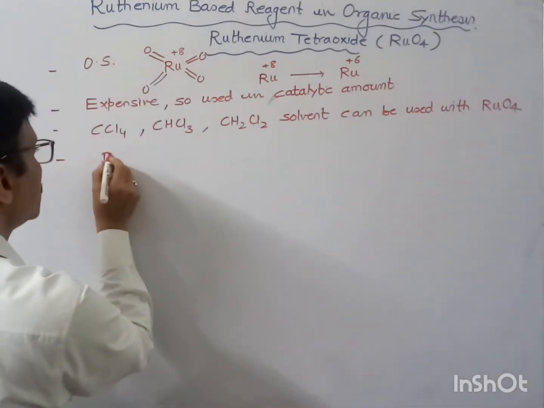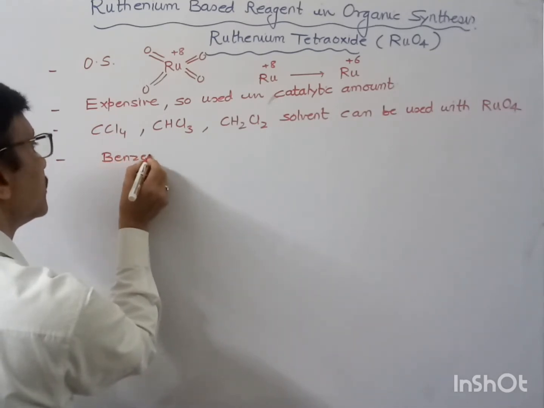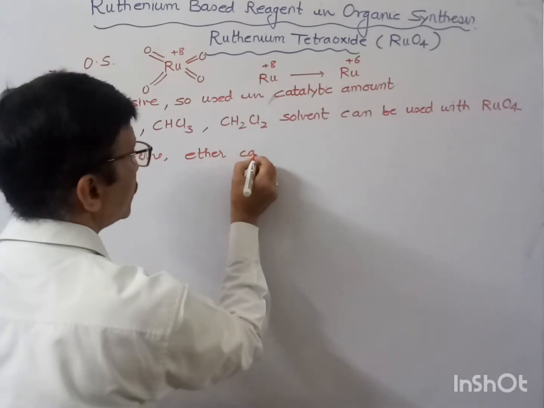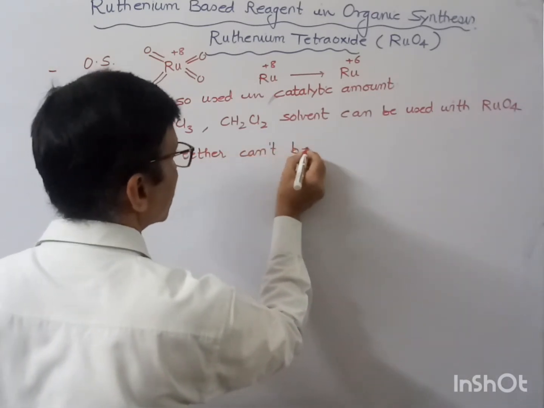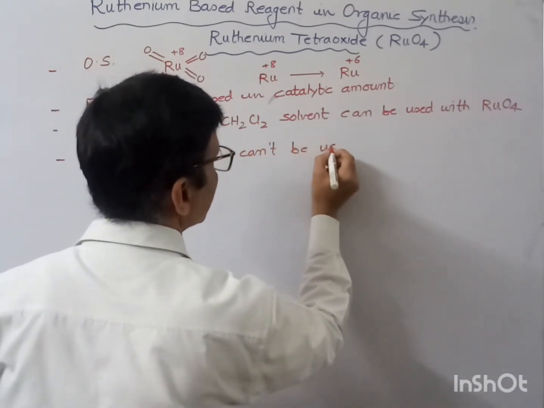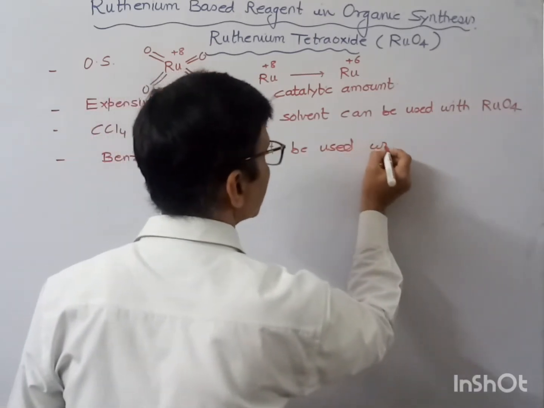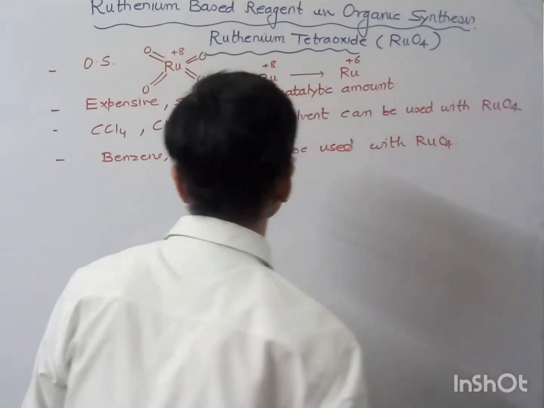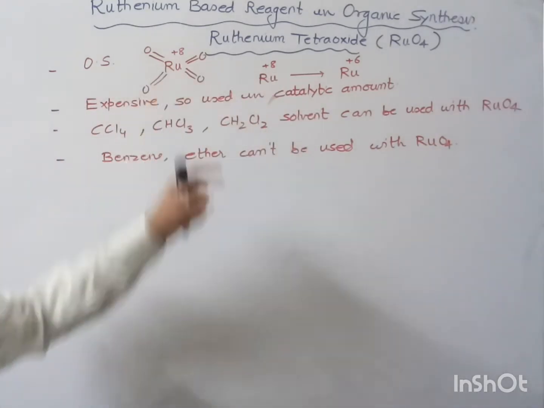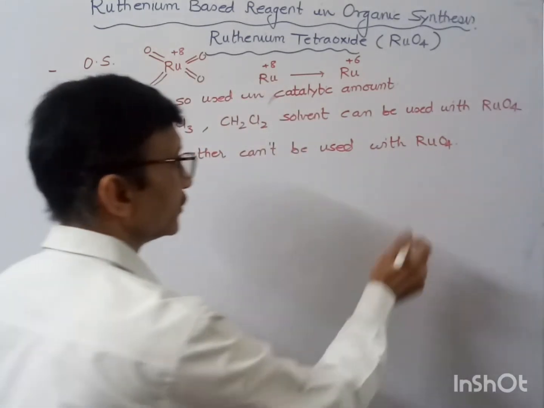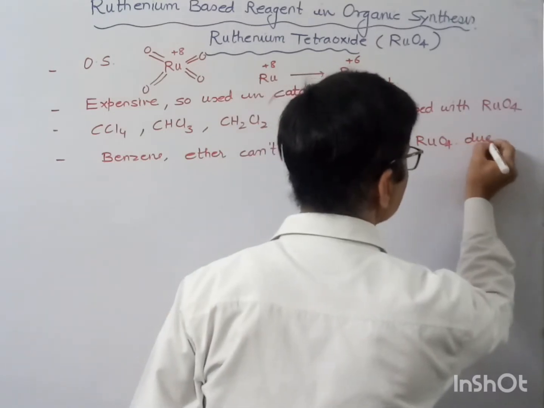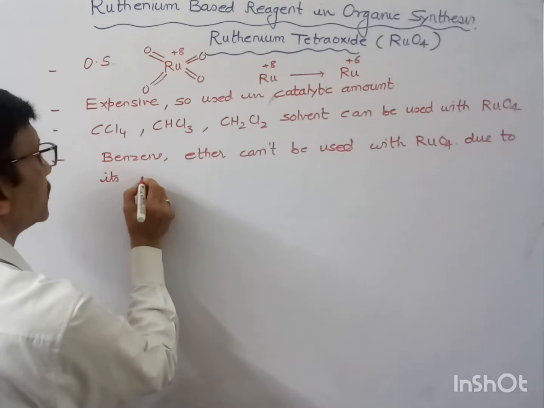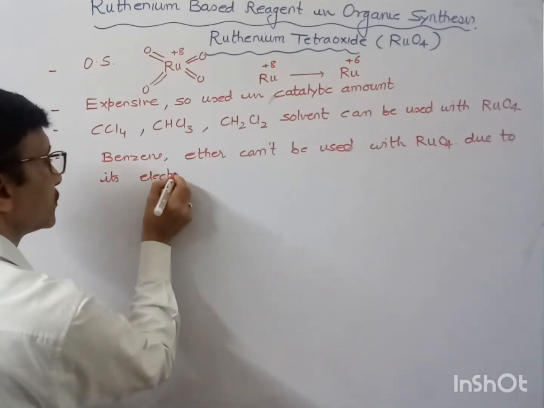So benzene and ether can't be used with ruthenium tetraoxide, due to its high electrophilic nature.